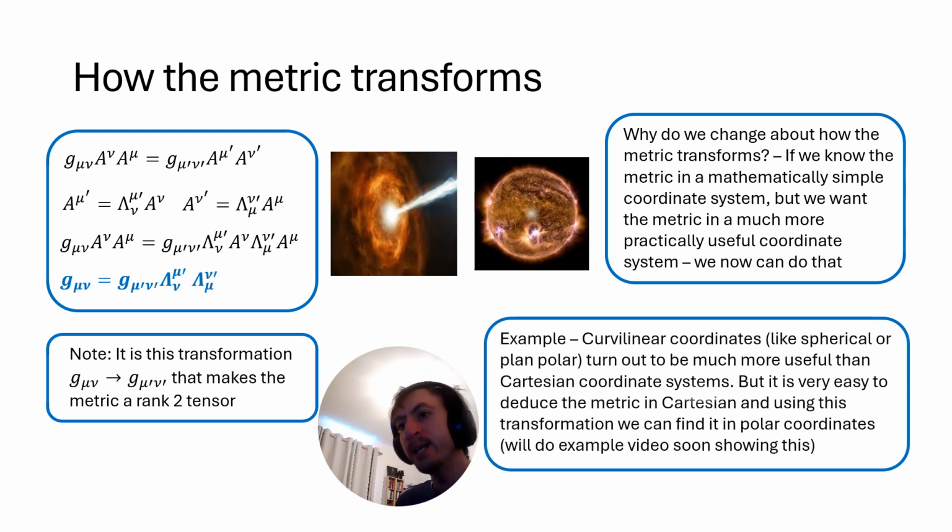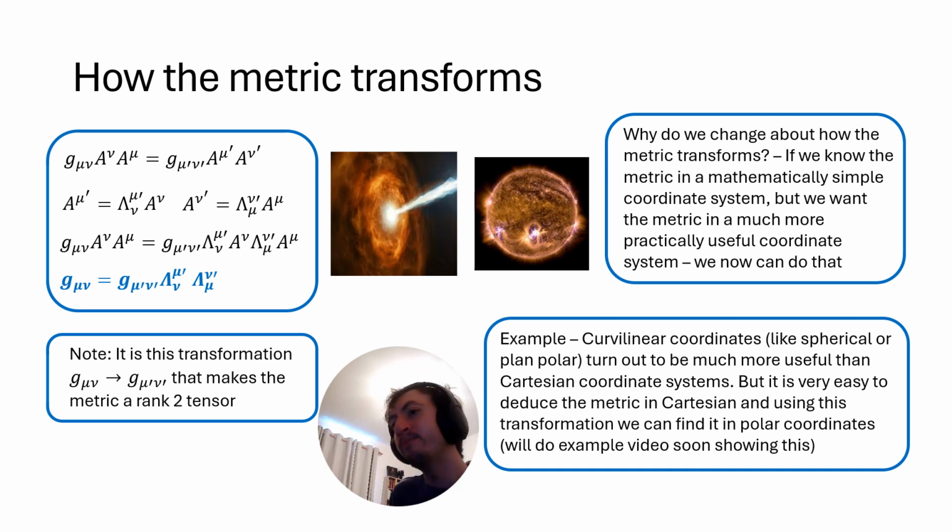Well, it's really because it's not very common that a mathematically simple model, or the simplest mathematical model, is also a very physically useful mathematical model. So in the context of metrics, we might, for example, want to use a coordinate system mathematically that allows us to very easily calculate the components of the metric in that particular coordinate system.